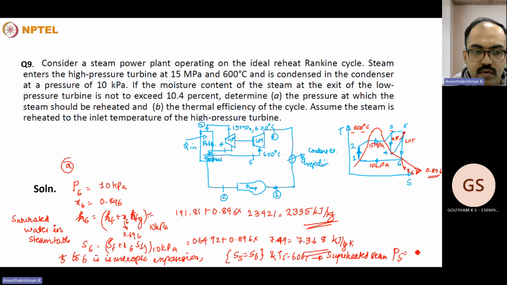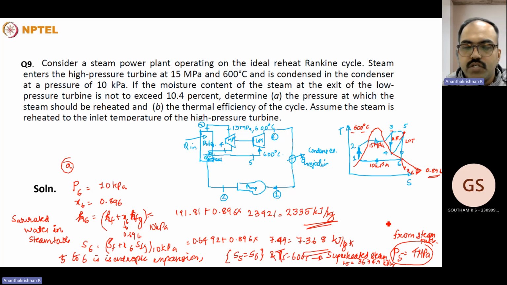So that pressure will be equal to 4 megapascal from steam table. And also we can calculate the H5. H5 will be equal to 3674.9 kilojoule per kilogram.